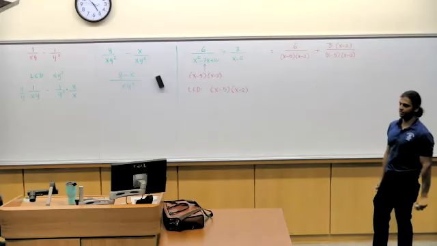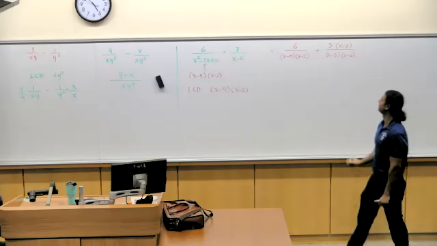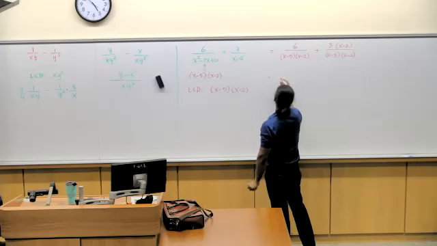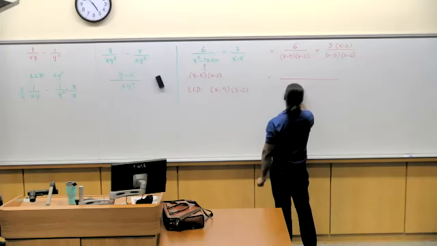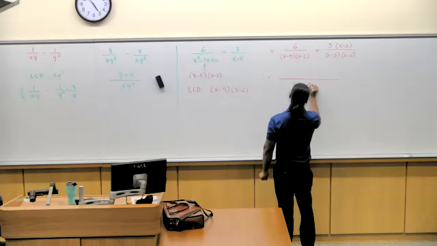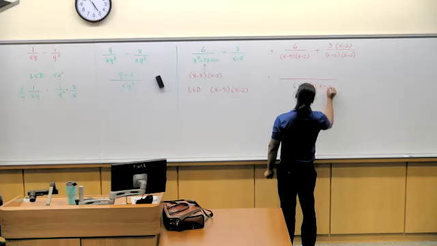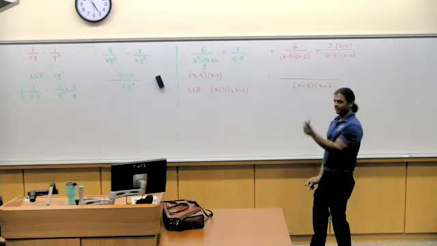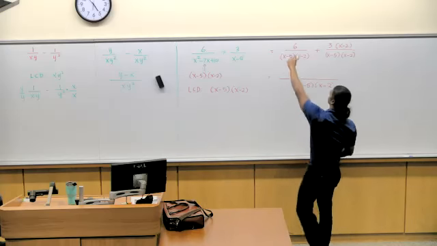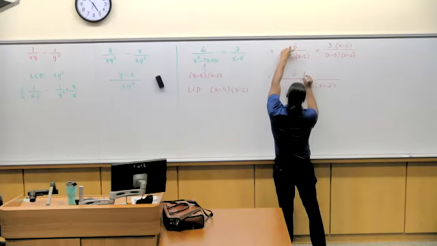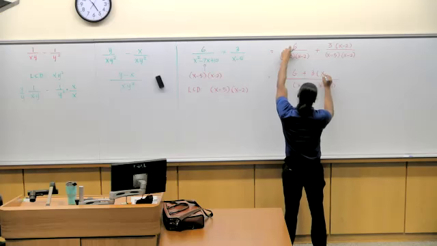Do we have a common denominator? Yes. If we have a common denominator, what do we do? Simply combine the numerators. So 6 plus 3 times x minus 2.